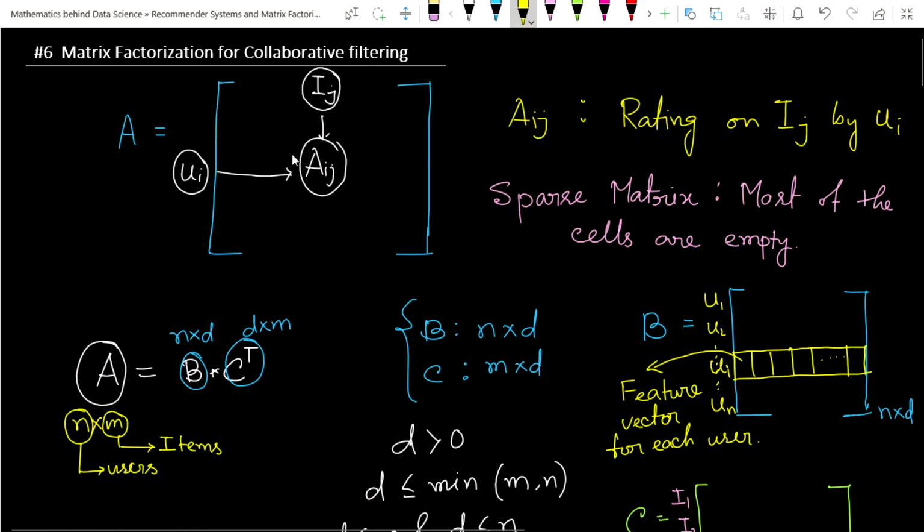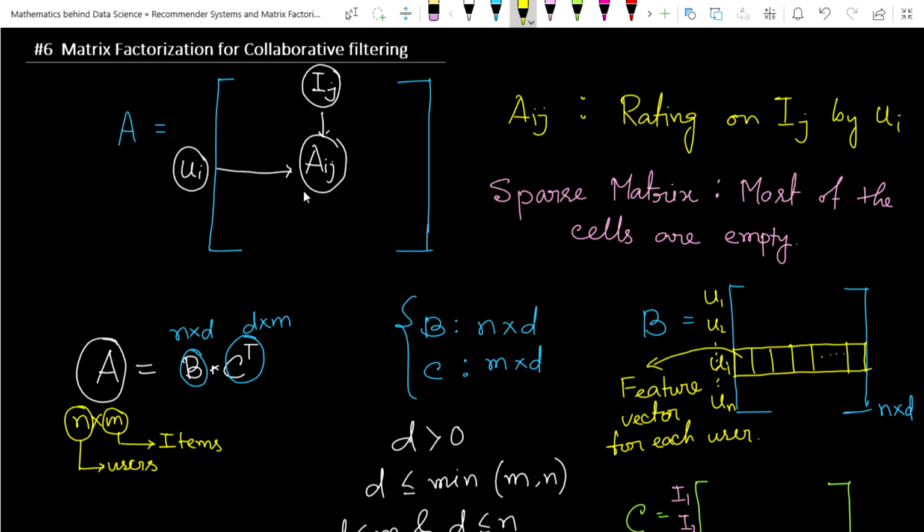If we somehow predict these empty values, then we can use the predicted values as ratings or as recommendations. A_ij is the rating of item j given by user i. Since most of the values are empty, we have to predict these empty cells. If we predict them, we can easily build a recommender system.